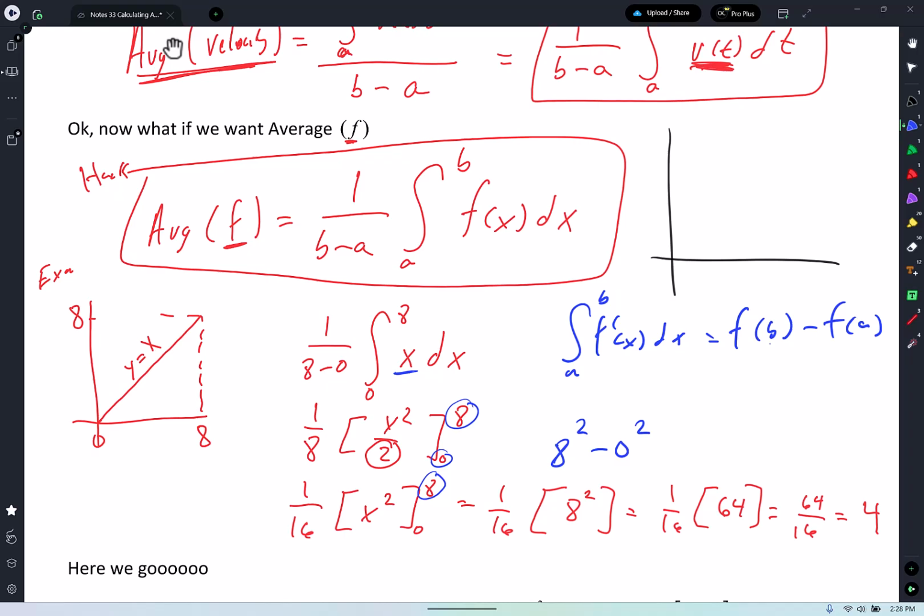Help me help you. Tell me, you don't get what? Why did we do the upper limit? That's the fundamental theorem of calculus. When we do the antiderivative of this, it's upper minus lower. Antiderivative of x is x squared over 2. I factored out the 2.